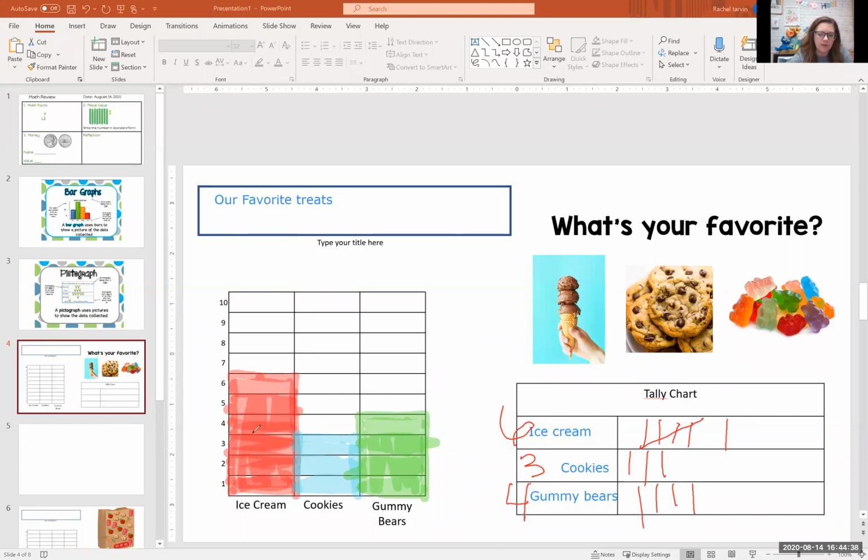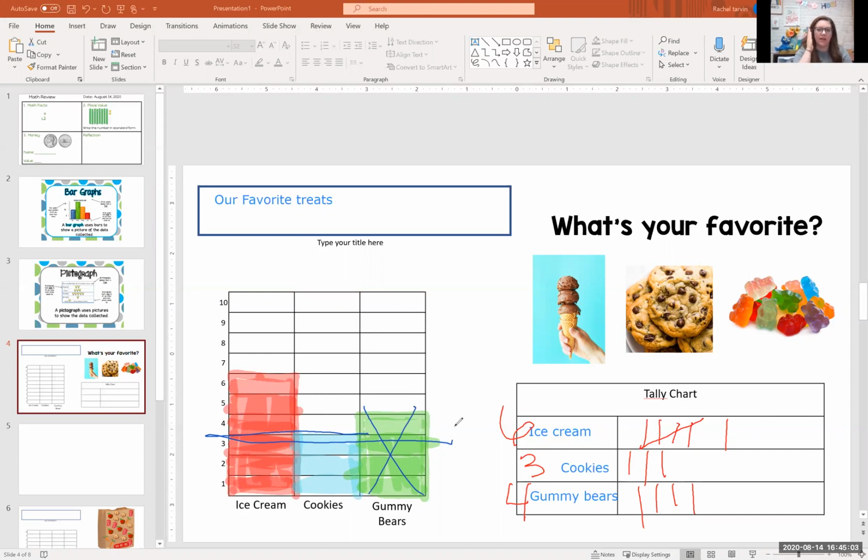Look right here. If I look at cookies, cookies goes right here. 3 people voted for cookies, but I want to know how many more people voted for ice cream. Do we need to know anything about gummy bears? I didn't say gummy bears at all, so I don't even need this part right now.